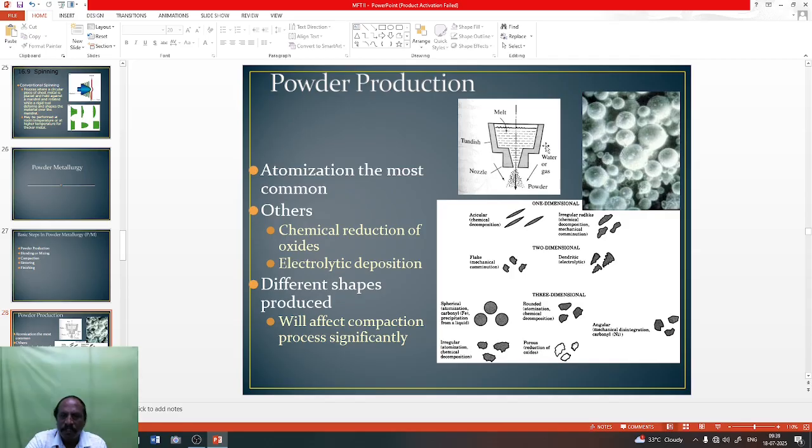These are some of the main shapes. Metal powder production is very important for manufacturing cutting tools and hard materials, and the powders are used for making many products.